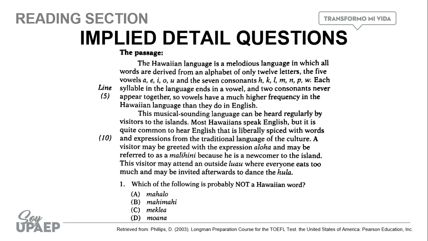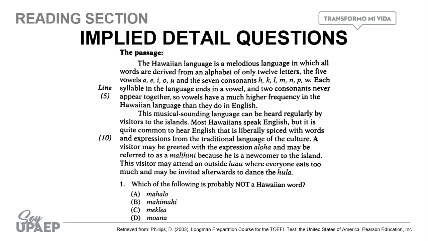Okay, so again, in this case, we will have to apply the elimination method because they are asking for the one that is probably not a Hawaiian word. That means that 3 of them are going to be correct, and 1 is going to be the one that is not a Hawaiian word, okay? So how do we do that?